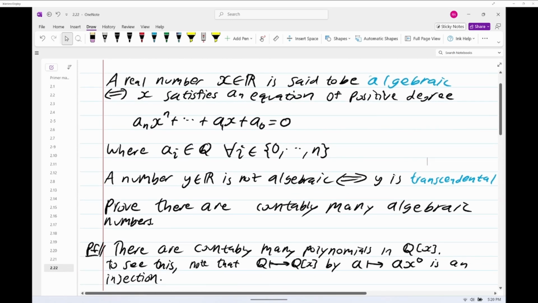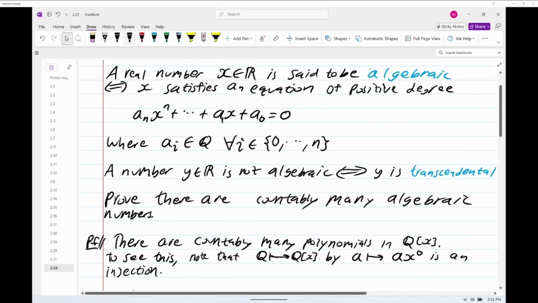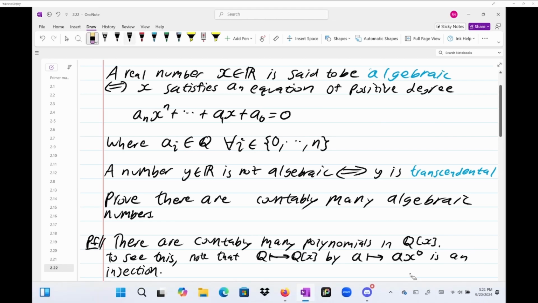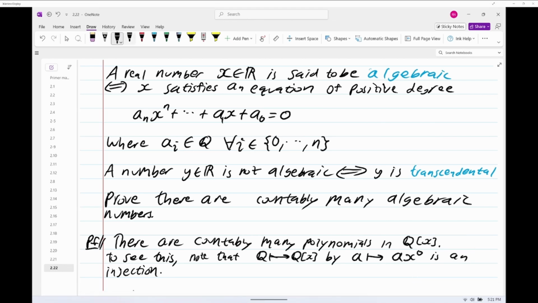There are countably many polynomials in Q adjoin x. And what that just means is polynomials in the variable x where their coefficients are in Q. That's just a different way of notating that. To see this, note that a function from Q to Q adjoin x by a goes to a x to the 0 is an injection.